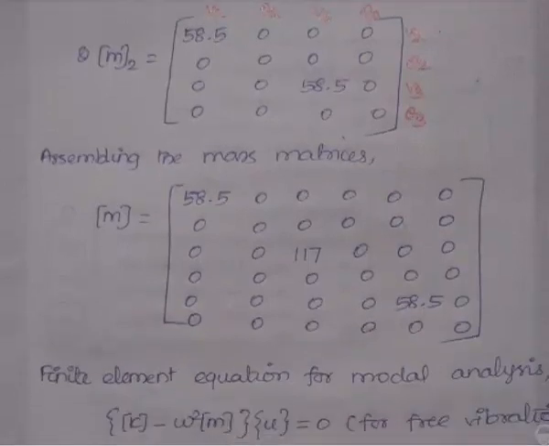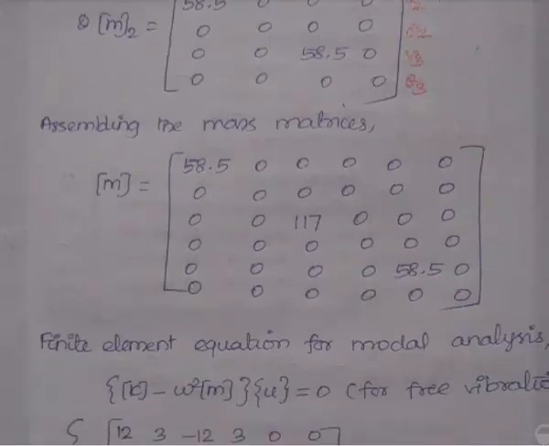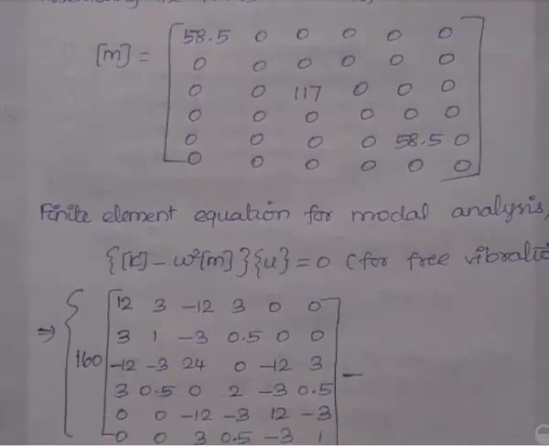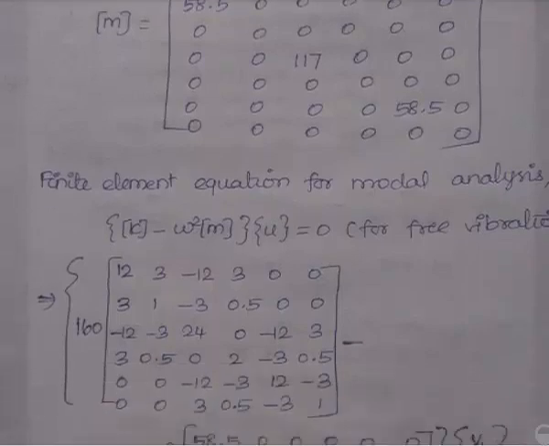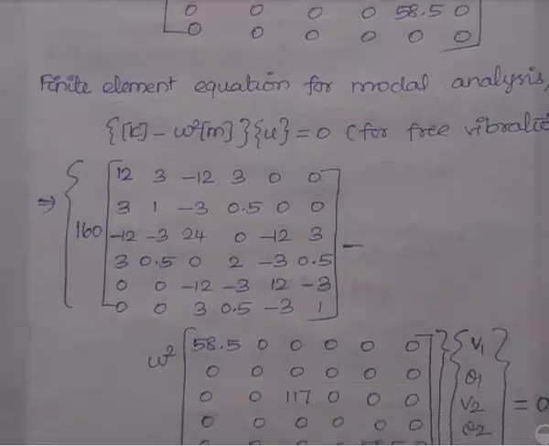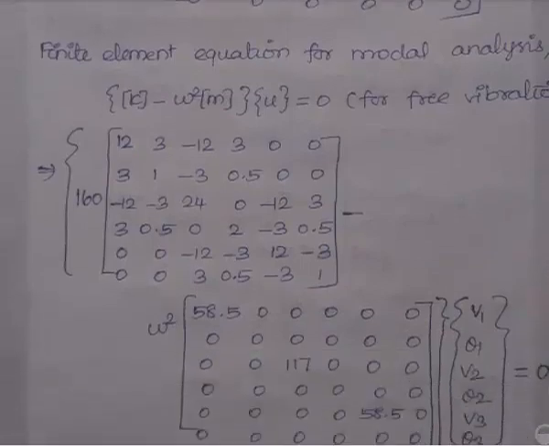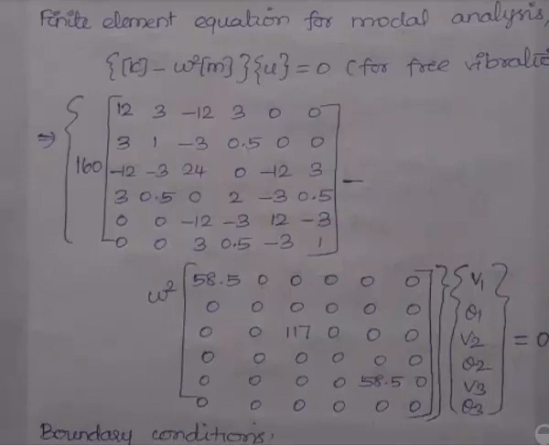Now to find the natural frequency of the given one-dimensional beam element, we have to use the finite element equation for general modal analysis: K minus omega square M into the displacement matrix U is equal to 0 for the free vibration case. We can directly substitute the global stiffness matrix and global mass matrix that we determined: K stiffness matrix minus omega square, where omega is the circular frequency, into the mass matrix, into the displacement matrix.